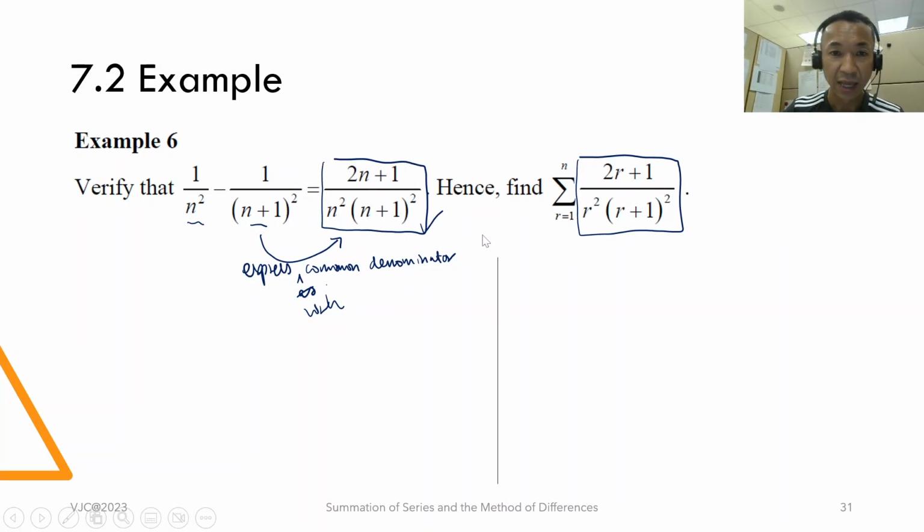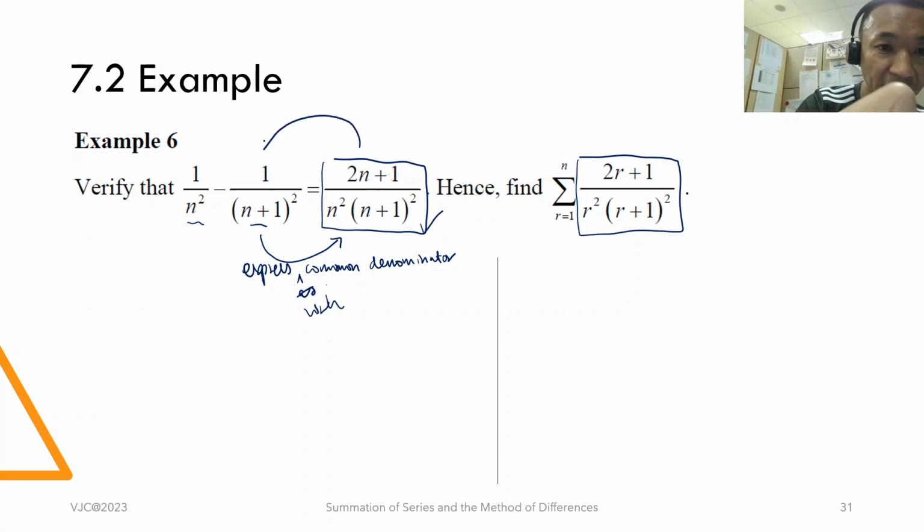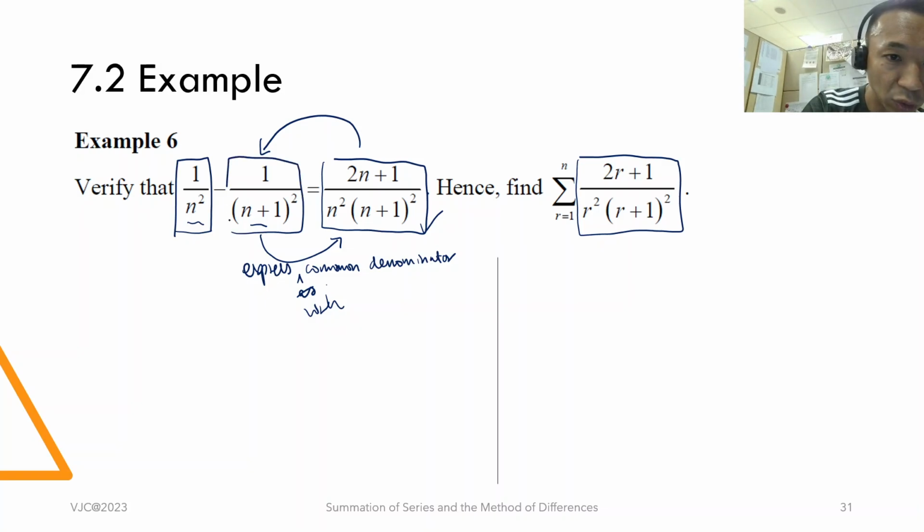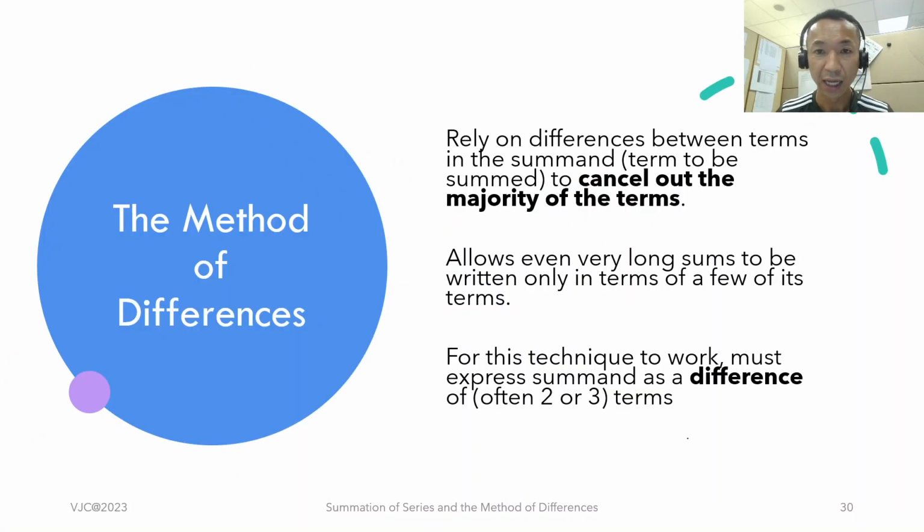So if this one with the n can be expressed as a difference between 2 terms, then I can easily express this as a difference between 2 terms. Remember what I said earlier about method of differences? Relying on differences between terms to cancel out majority of terms, and the summation must contain a difference between 2 terms.